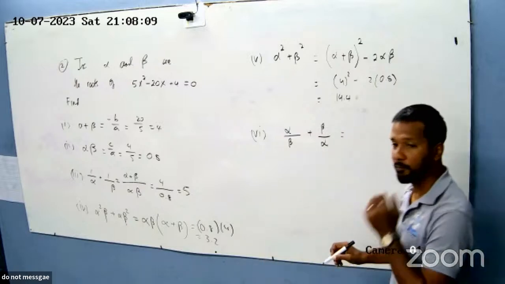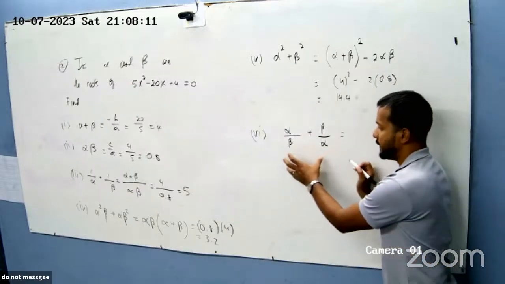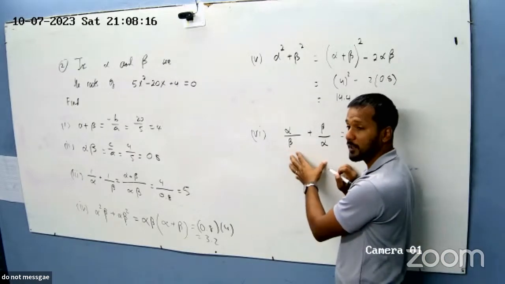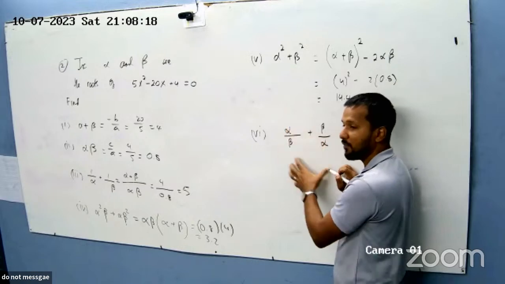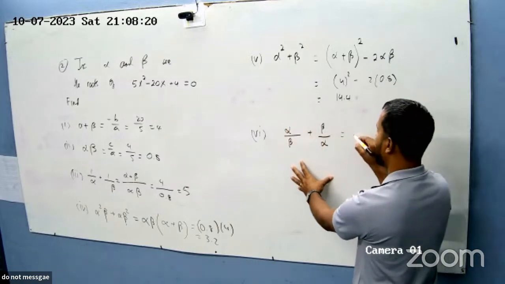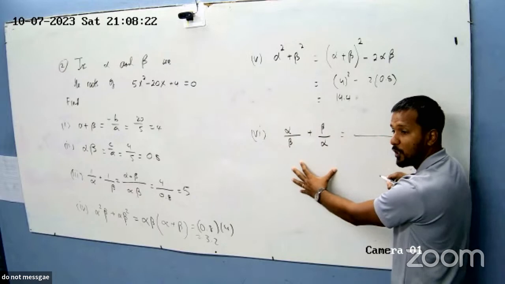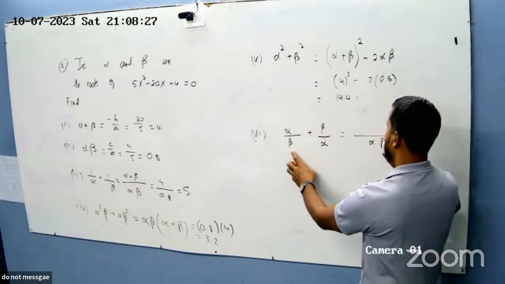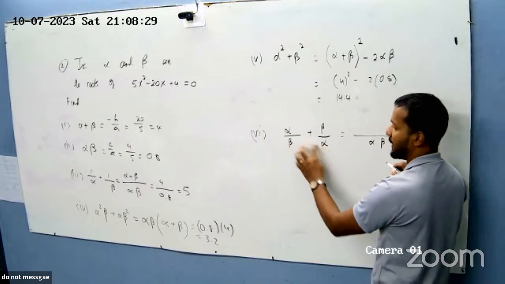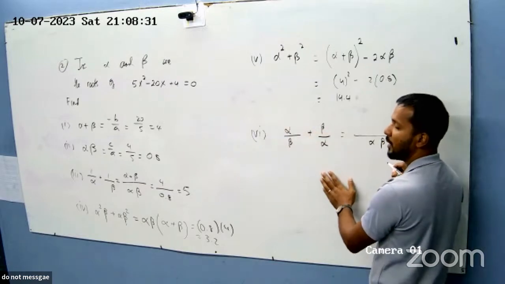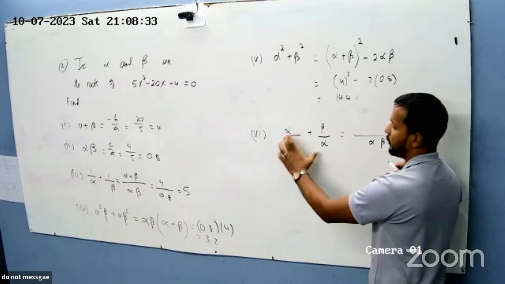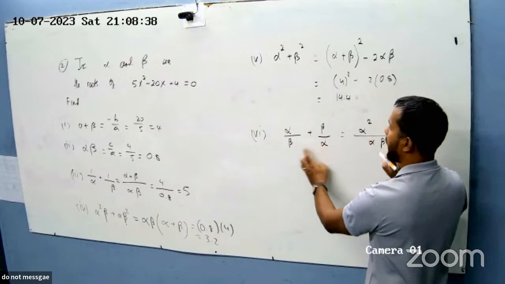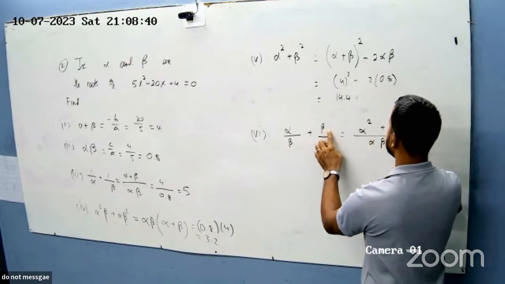Remember this. This is why, when we did simplifying in maths, it is important. You have to be able to simplify fractions, and the rule never changes. You multiply the denominators, and you cross multiply the numerator and denominator here. So alpha by alpha, alpha squared, beta by beta, beta squared.